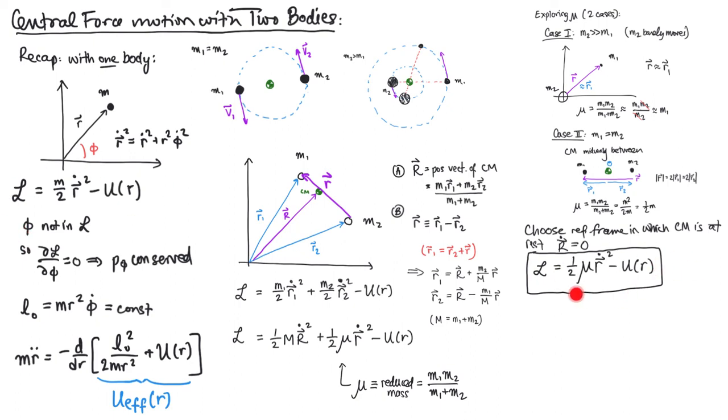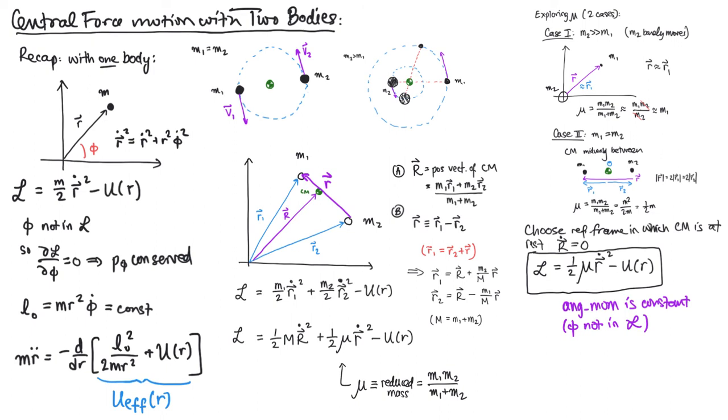Phi is still not present in the Lagrangian, so the angular momentum is still conserved, okay? So we still find the angular momentum is constant in the two-body system because phi does not appear in the Lagrangian, okay? We don't have to go through all of the Euler-Lagrange equations and take partials. We know that the answer is going to be this because the form of our Lagrangian is the same as it used to be.